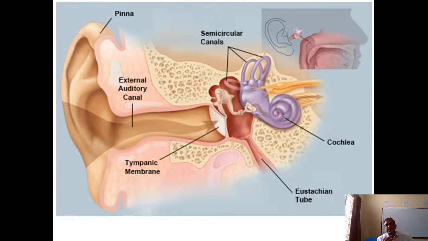Or supposing there is some kind of fluid in the middle ear cavity in the form of purulent discharge, the pus, in conditions like acute otitis media, then it definitely impedes the movement of the tympanic membrane, and so the vibration decreases and the hearing becomes less.